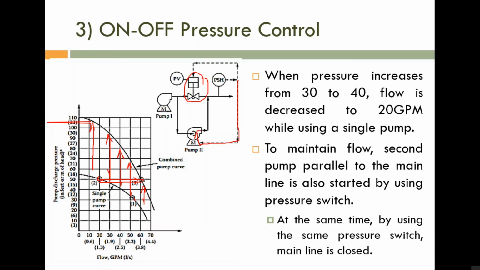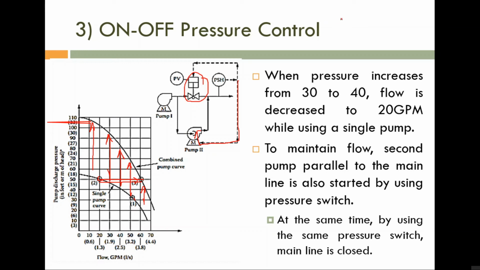Please note, explaining this shifting with respect to the curve is difficult, because if you are using two pumps, we have to explain the effective system curve with respect to these two pumps. That is a little bit difficult. That is why I am simply saying that with respect to the upward shift of the pump curve, the operating point is shifted to the right side.